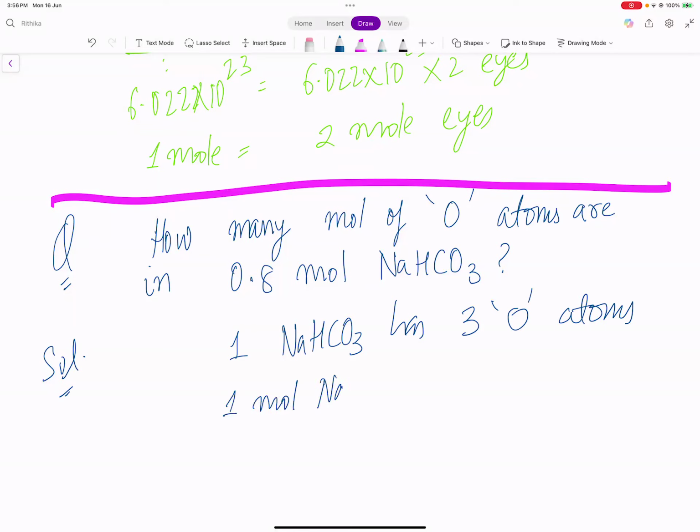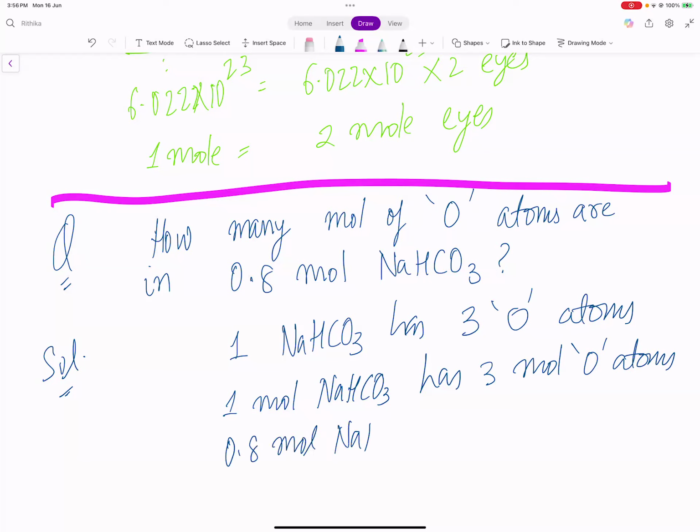It means 1 mole NaHCO3 has 3 mole O atoms. So 0.8 mole NaHCO3 will have 0.8 into 3. Got it?